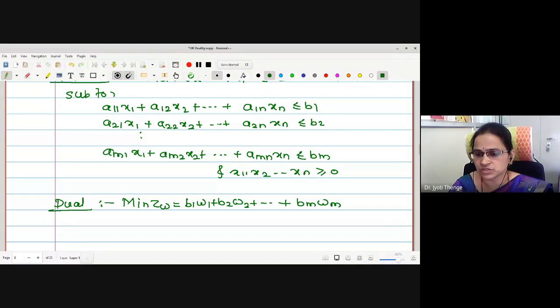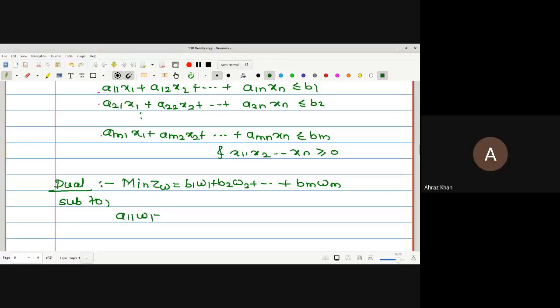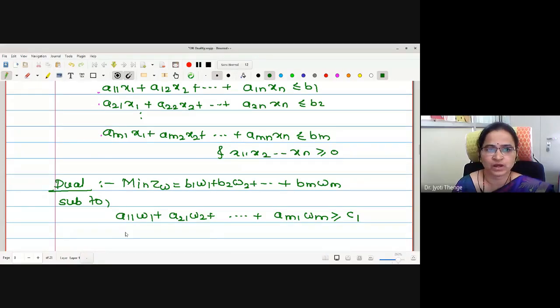Okay, what about the constraints? This first column we have to write as the first row. It is a11 W1 + a21 W2 + and so on up to am1 Wm, greater than or equal to c1. Tell me the second one.